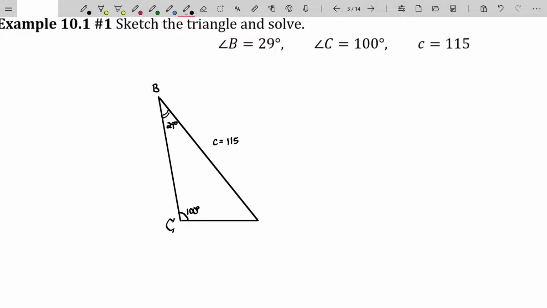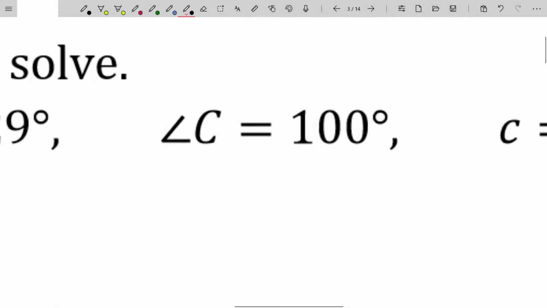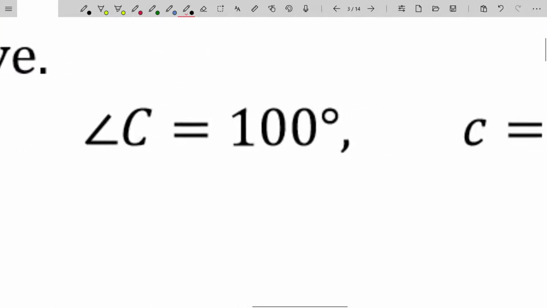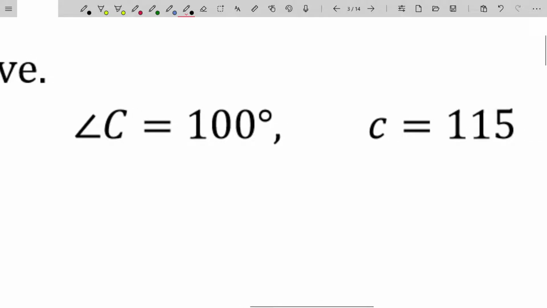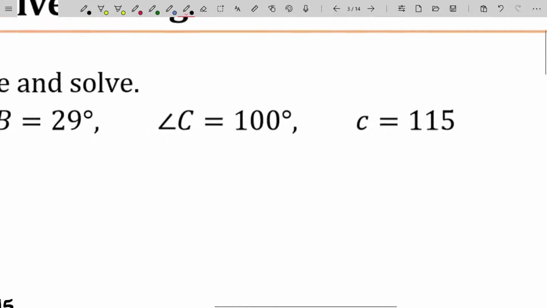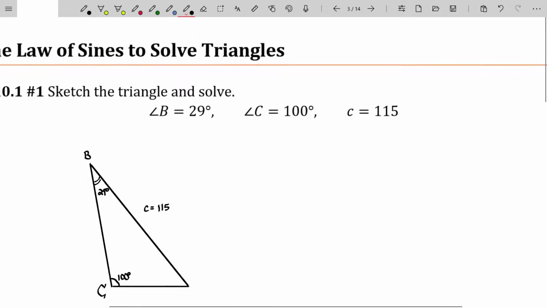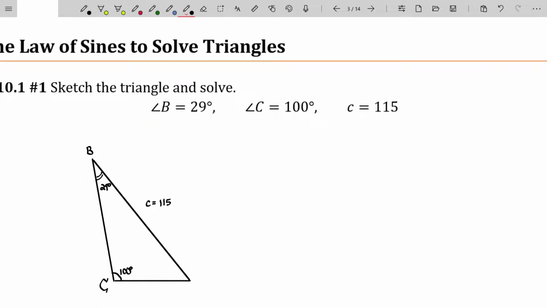So if they give me only one angle, well, then I draw my horizontal side and I open up whatever angle they told me to open up. Okay, and then whatever that angle is labeled, in this case it was angle C, opposite that angle will be a side length, hopefully, that they hand me. And generally with the law of sines, that's what they're going to do, but they don't have to.